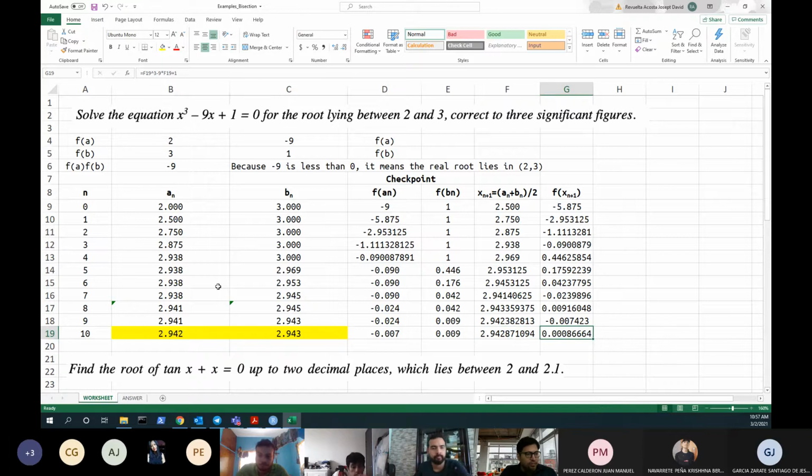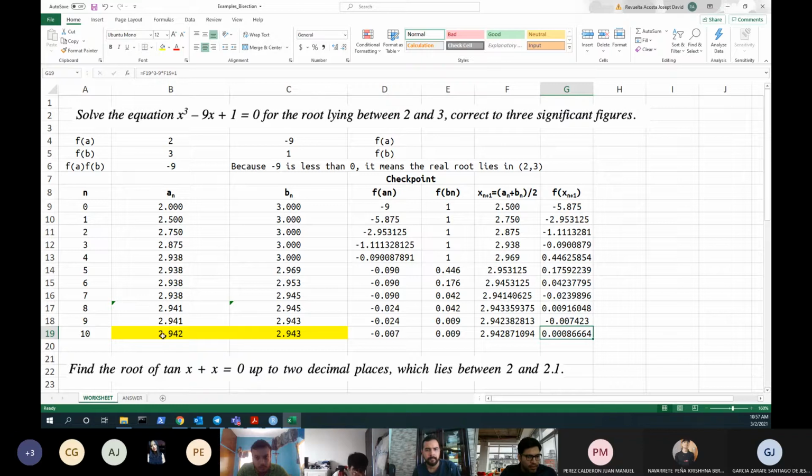We can continue, but we have to check to 3 correct significant digits. It doesn't say decimal digits. When I say significant digits, it means that 3 of the digits are going to be the same. 1, 2, 3. 1, 2, 3.